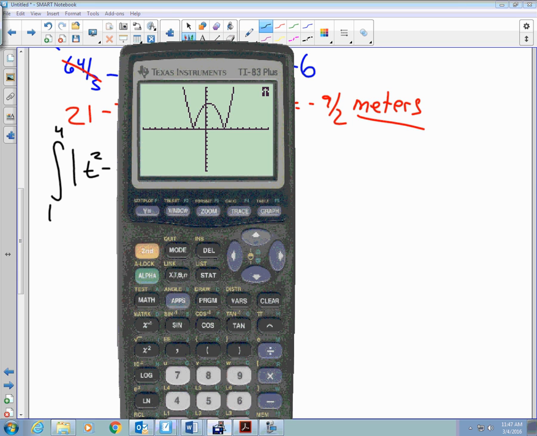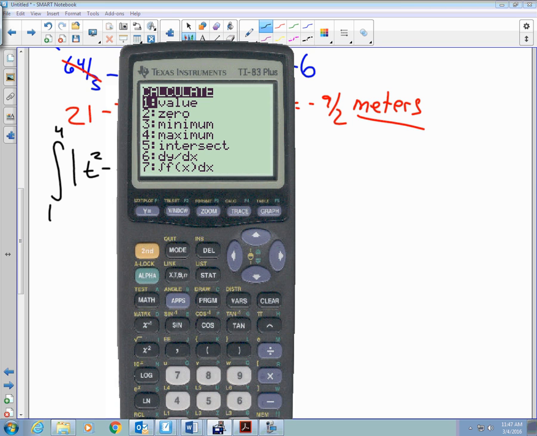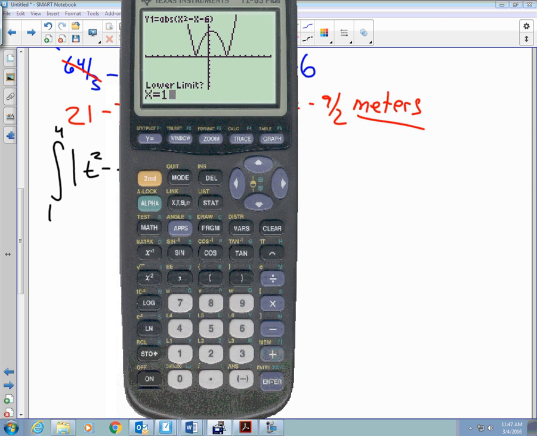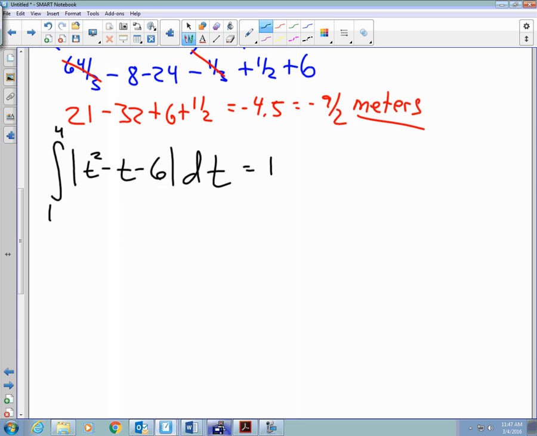You're going second calculate number 7. Lower limit of 1, upper limit of 4. And you can see I get 10.167. What's my label? Meters.